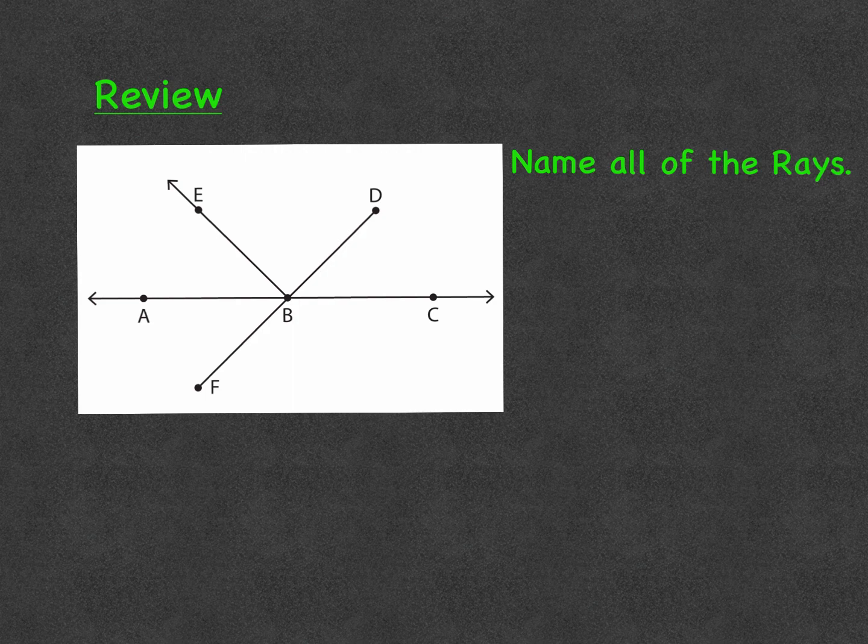So it wants me to name all the rays. So raise your hand and tell me one ray. Hugo? Ray BD? Nope. Because a ray has an endpoint and an arrow. Sophie? Yeah, BE. So it's ray BE. Gracie? BA. Samuel?